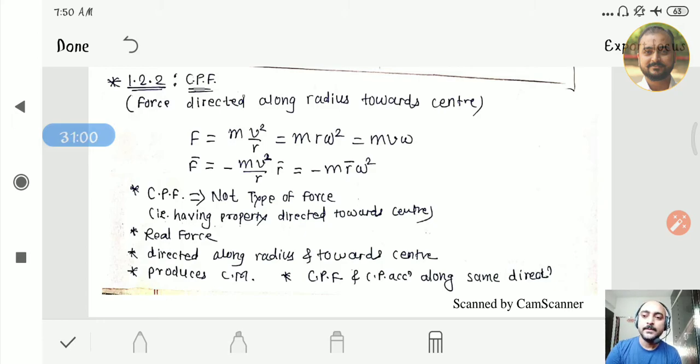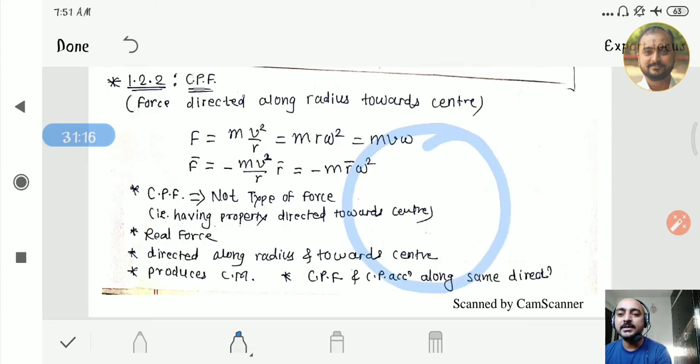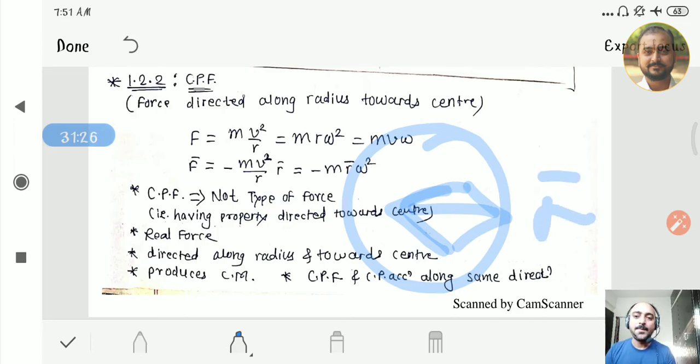In vector form we write force is equal to minus mv square upon r times r cap, similarly minus m r omega square. Why is this minus sign there? This minus sign is there because this is the direction of centripetal force and this is the direction of the radius vector.